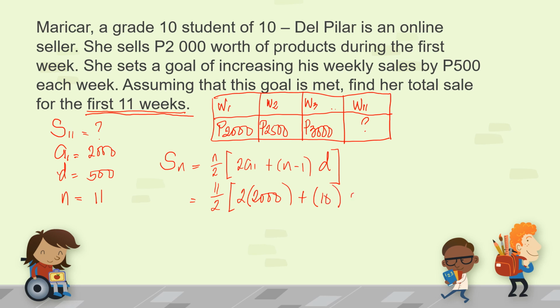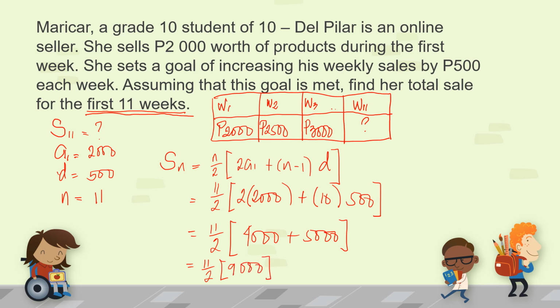Then the common difference is 500. So, we will have 11 over 2 multiplied by the sum of 4,000 plus 10 times 500, which is 5,000. So, that is equal to 11 over 2 times 9,000.